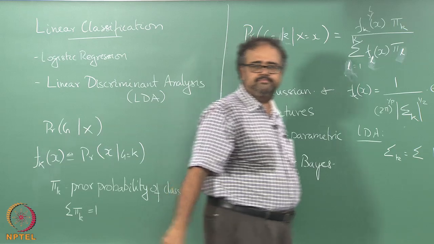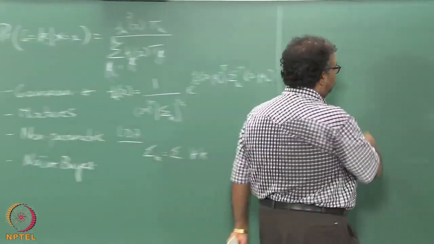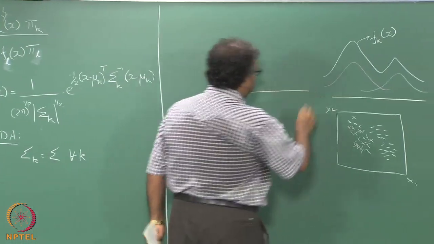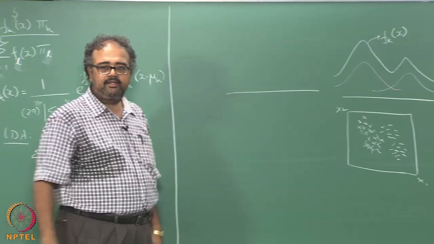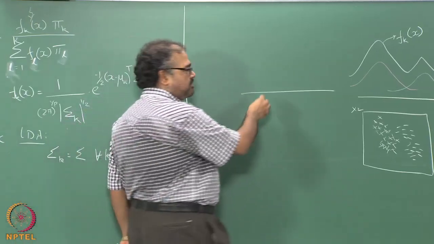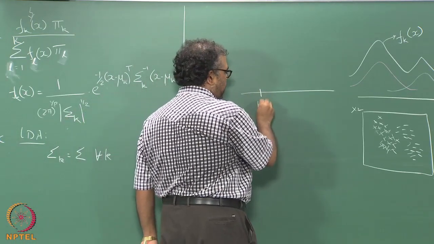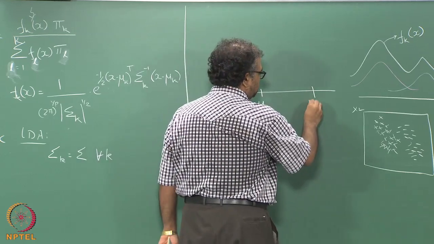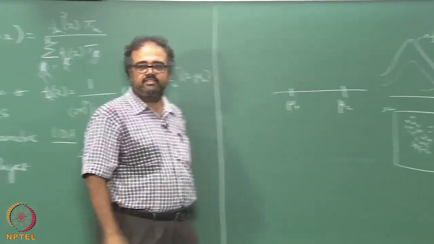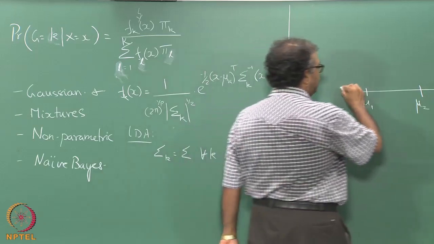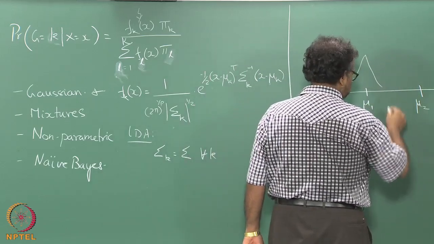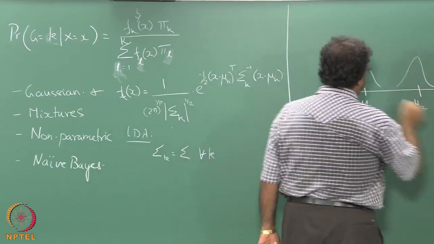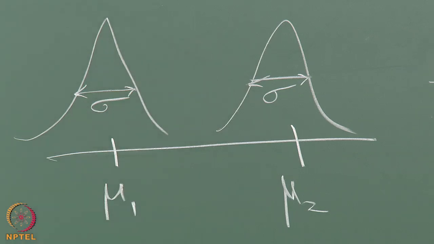So what does that mean? I will do that in 1D. Class 1 could have the mean of my Gaussian here, class 2 could have the mean of the Gaussian somewhere else, but the shape is the same.